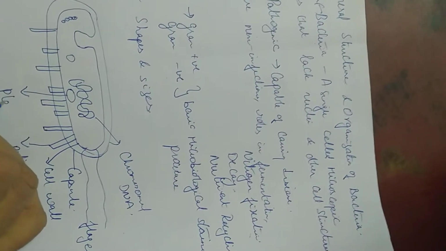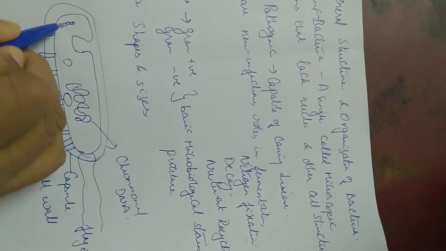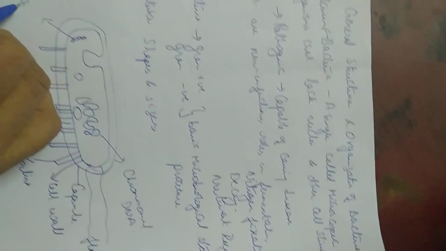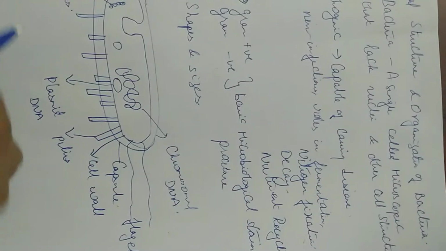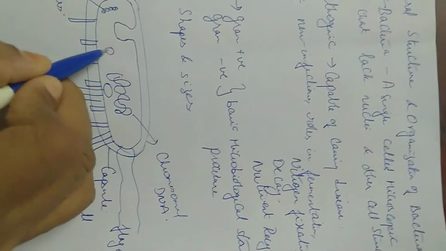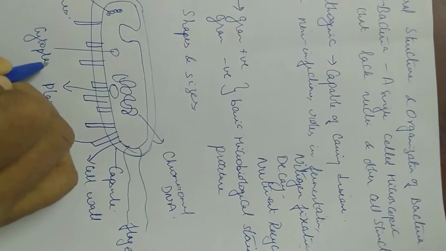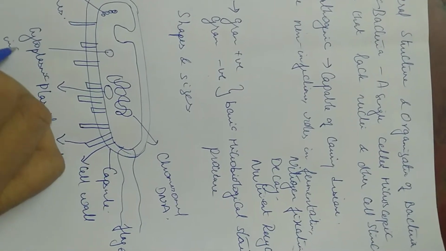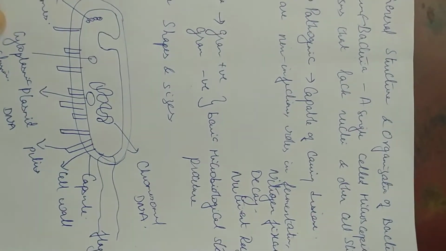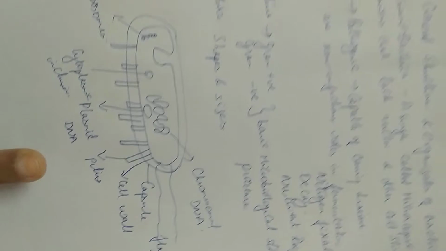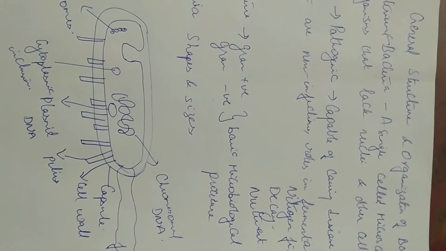These are called plasmid DNA. These are called ribosomes, and this is called the cytoplasmic inclusion. So this is the generalized structure of a bacterium, the singular form of bacteria.